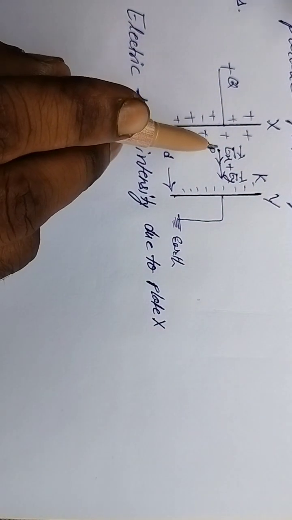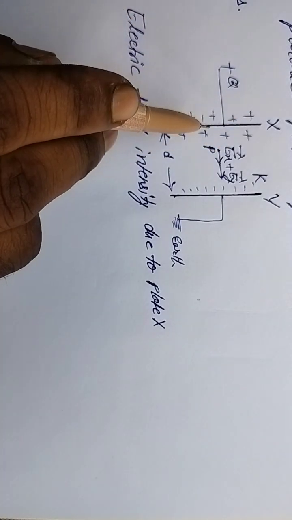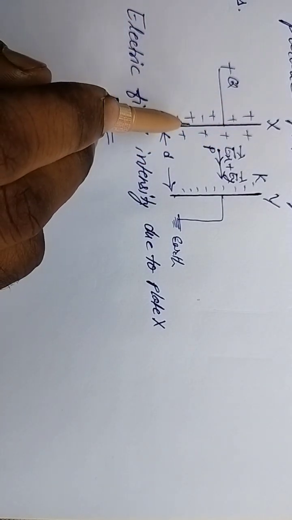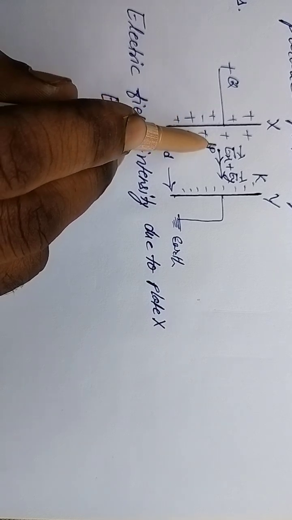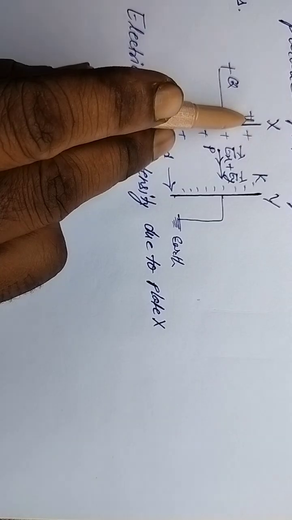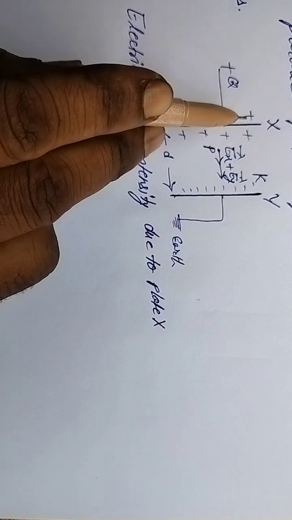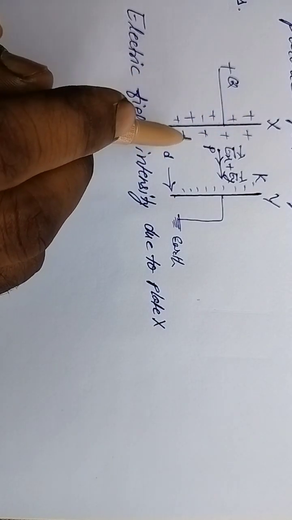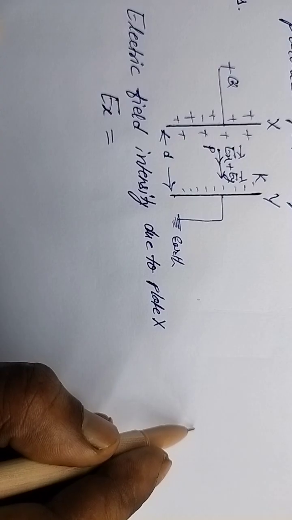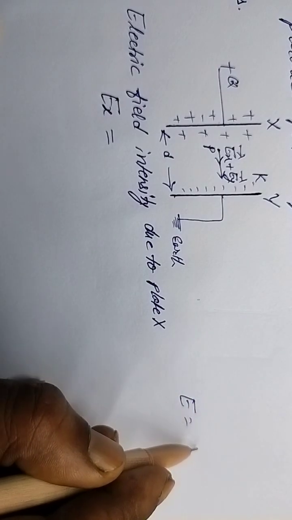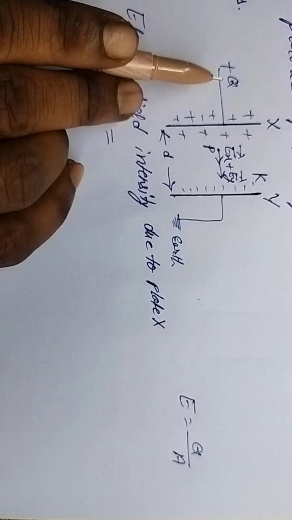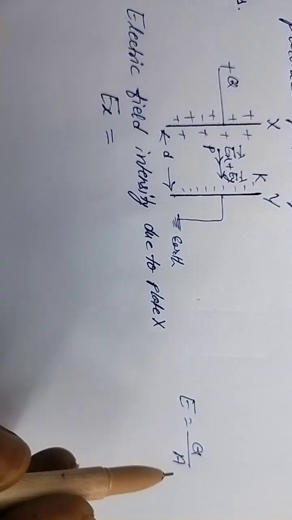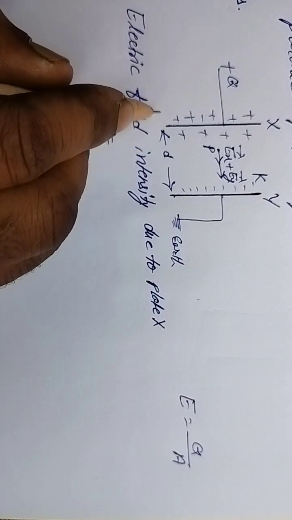Okay, the electric field intensity due to a plane plate at a point near the plate is Q upon A, where Q is the charge and A is the area of the plate.